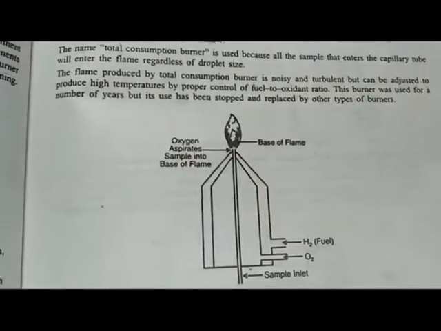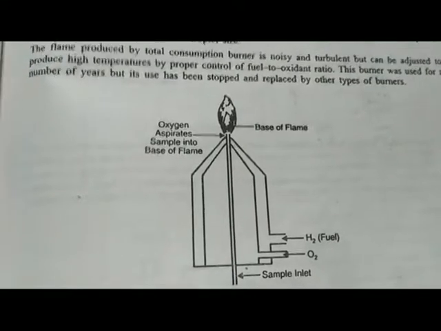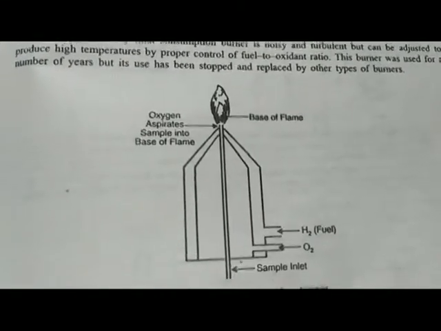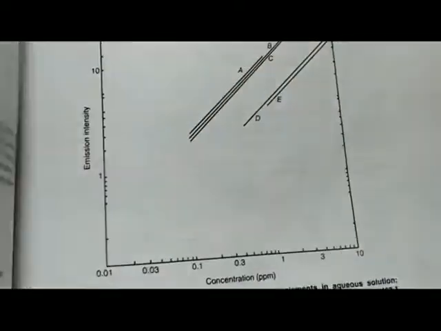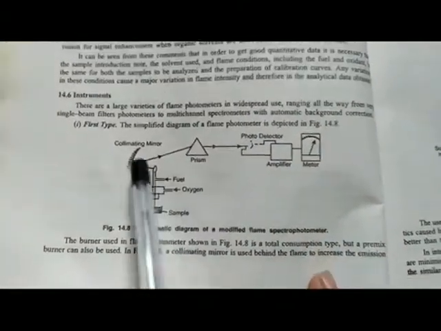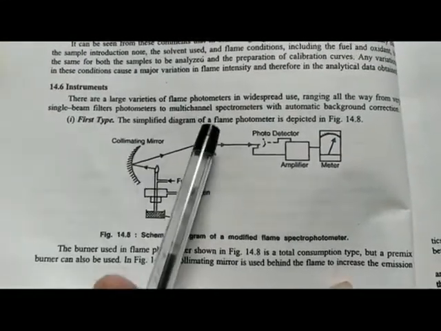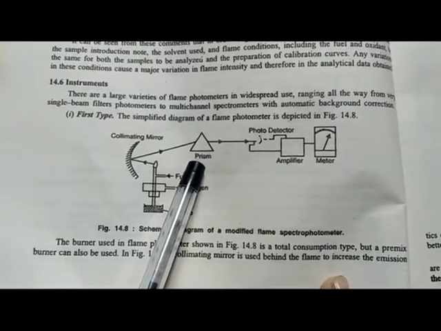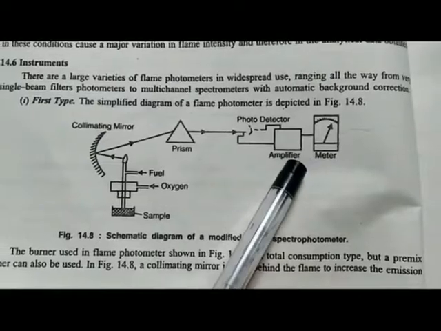Here at the tip or the base of the flame, the sample is aspirated. So the main block diagram of the instrumentation of a flame photometer generally contains first the burner, second the concave mirror, then the prism, and the detector and meter.